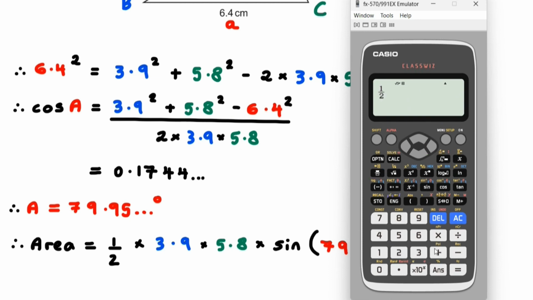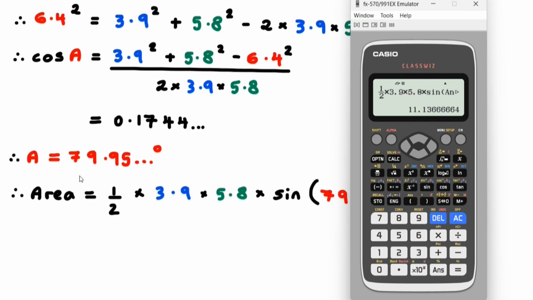I've got a half times 3.9 times 5.8 times the sine of the angle, and it turns out 11.13 etc. centimeters squared.